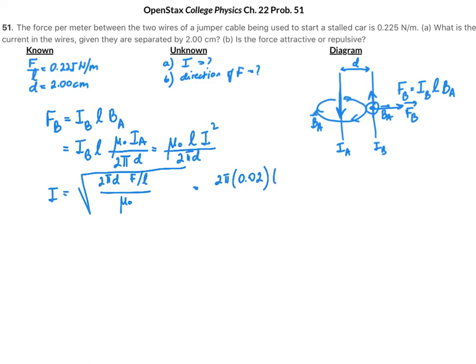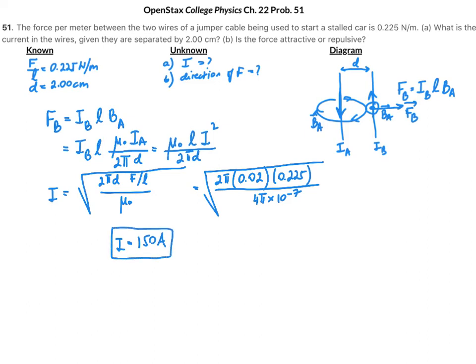F over L is 0.225 newtons per meter, divided by 4 pi times 10 to the negative 7 tesla meters per amp. Take the square root of this and we get 150 amps. So we know that the current in the wires is 150 amps, and we figured out earlier that the force was repulsive. So these are the two answers to the problem.